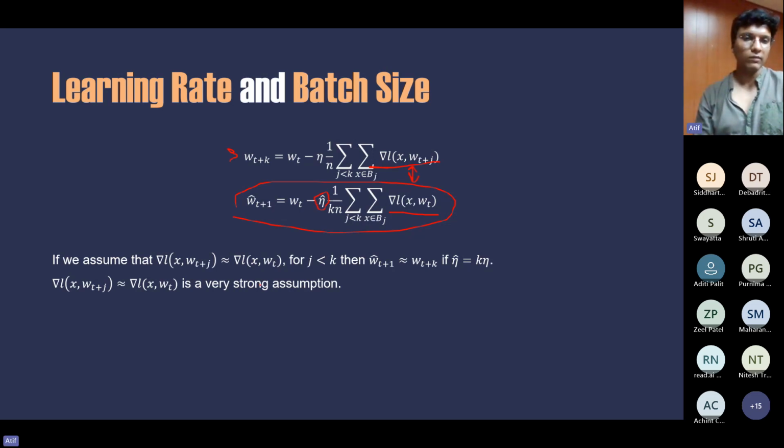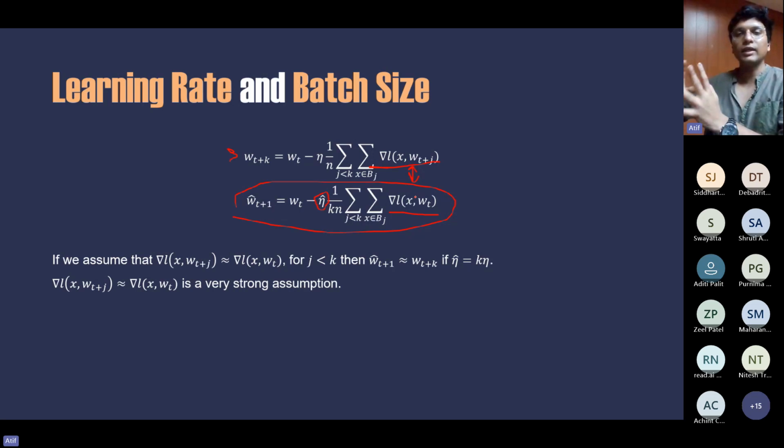So if that were the case, and this is a very strong assumption to have, that the gradient with each iteration, after you perform the gradient descent after all these iterations, and the gradient that would come from this entire batch, both of them will lead to the exact same spot, is a very strong assumption. Why? Because you're taking different samples, right? You'll be permuting or shuffling your data.